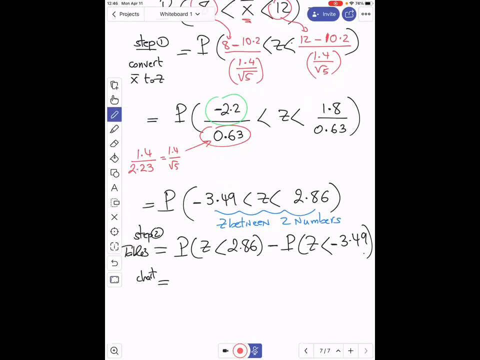All right, and then we can use our chart as usual. So 2.86: nearest 10th would be 2.8, nearest 100th would be 0.06. So in the table that would be 0.9979. Minus now negative 3.49. Nearest 10th, it's negative 3.4. Nearest 100th, it's 0.09.